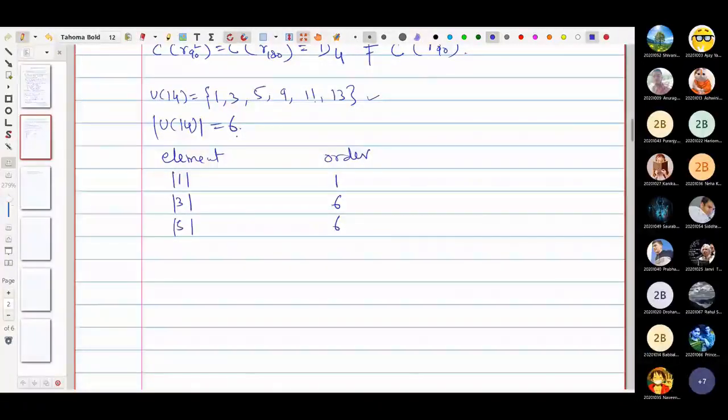And then 9 and 11. If you see, 9 into 11 we have 99, and when you divide it by 14, 14 sevens are 98, so the remainder is 1. So their order is also going to be the same. We need to find the order of 9 and 11.